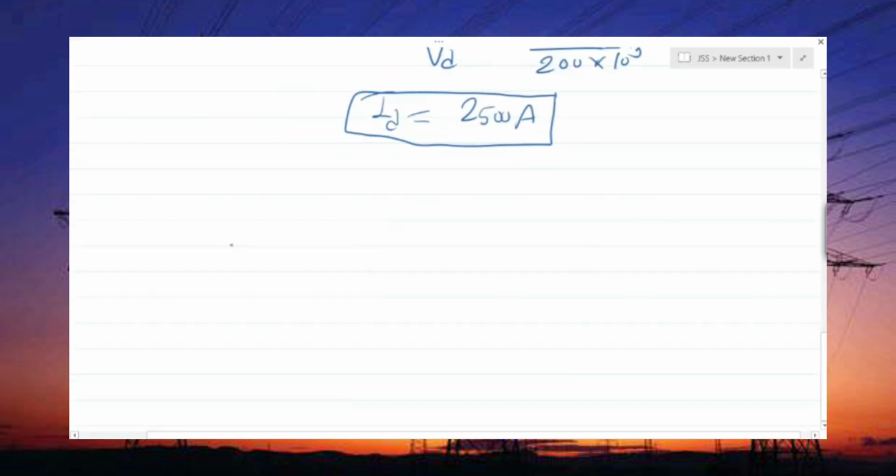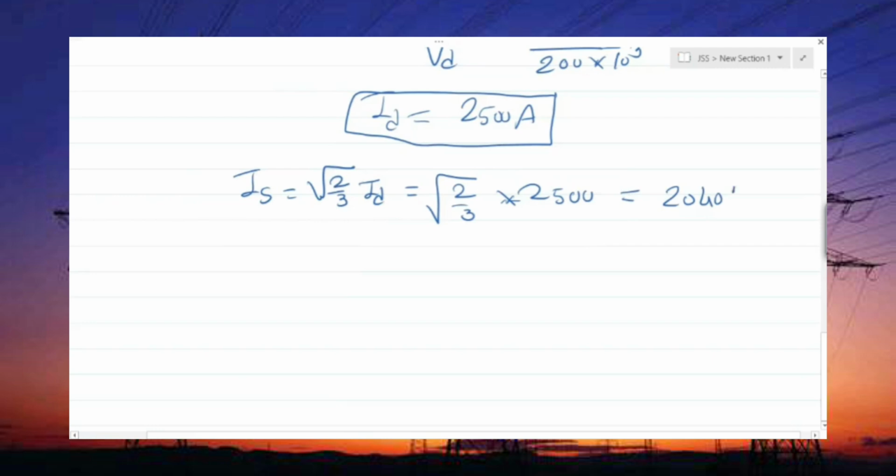When we put the value of ID in the above equation, IS is equal to under root of 2 by 3 multiplied by 2500. So it is equal to 2040 ampere. This is your AC current on the secondary side.